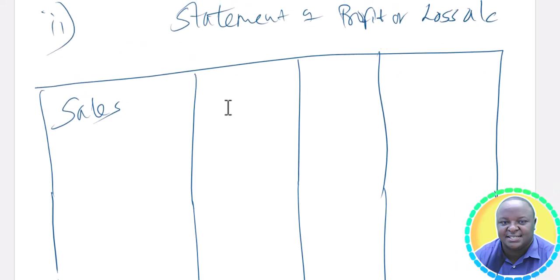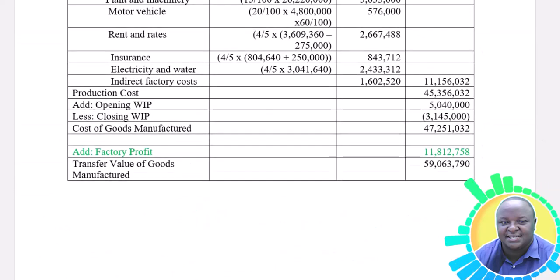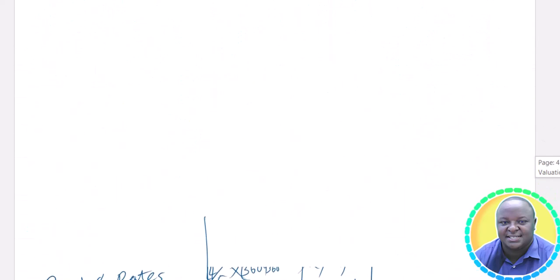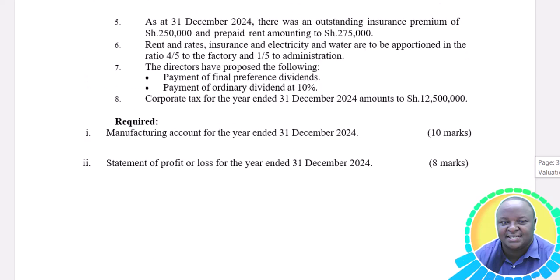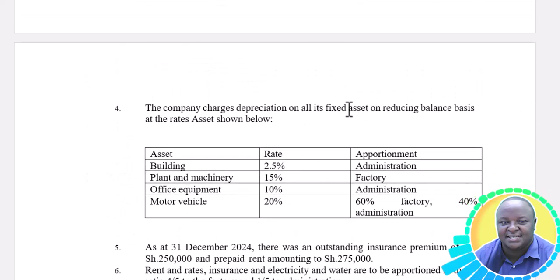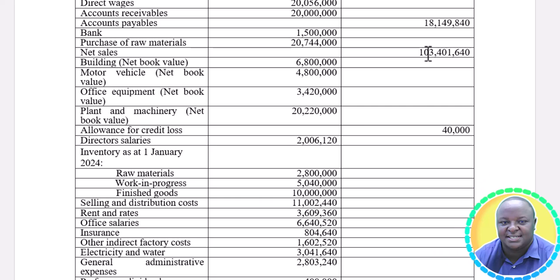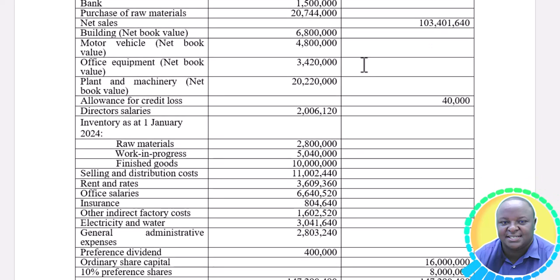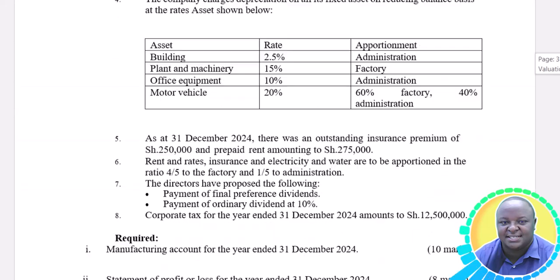So we have our sales. So if you look at the data that we have, I've said sales. We have 103,401,640. So I will use that information.